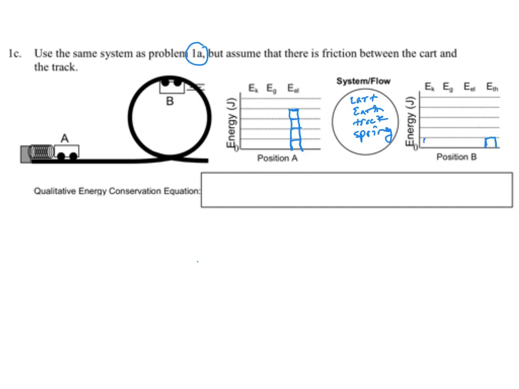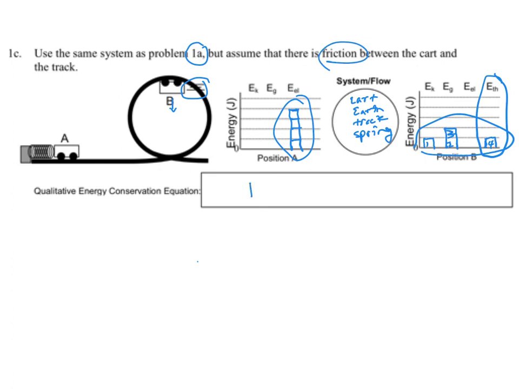I still have to have some kinetic, because if it wasn't moving at the top, it would fall. So I know there's got to be some kinetic at the top. But because the 4 blocks on the left have to add up to the number of blocks I have over here, I can only give 2 blocks to the gravitational energy. I should say 2 and 3 here. So there's the 4 blocks over there. Notice I have some thermal energy now because I have friction.